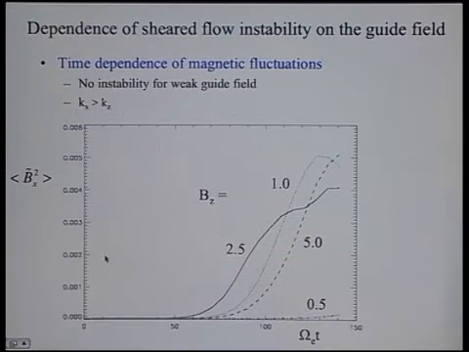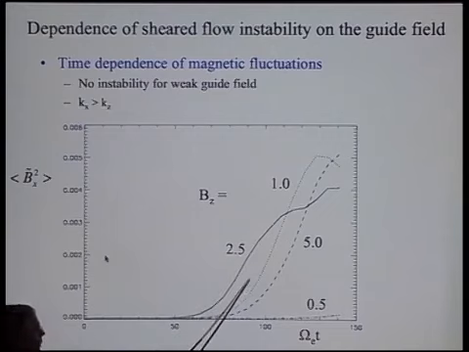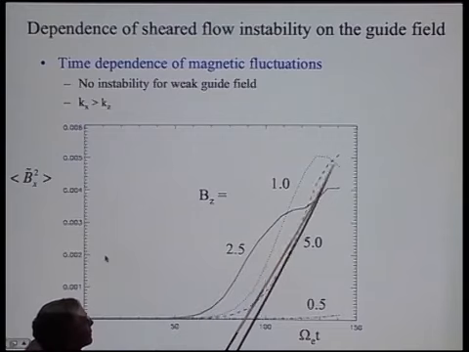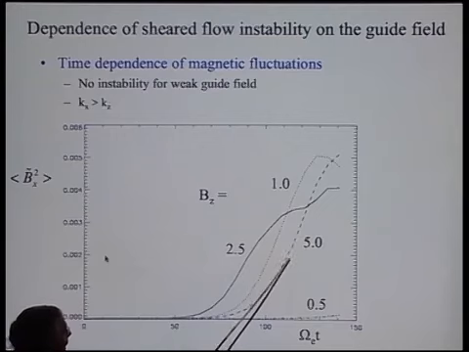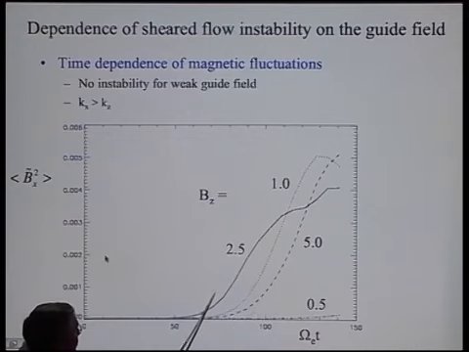Okay, so then we tried different guide fields. And now this is plotted as cyclotron frequency times time. And this was a first surprise. So remember, our reconnection simulation had a guide field of 5. So then we said, okay, 2.5, and it was stronger.